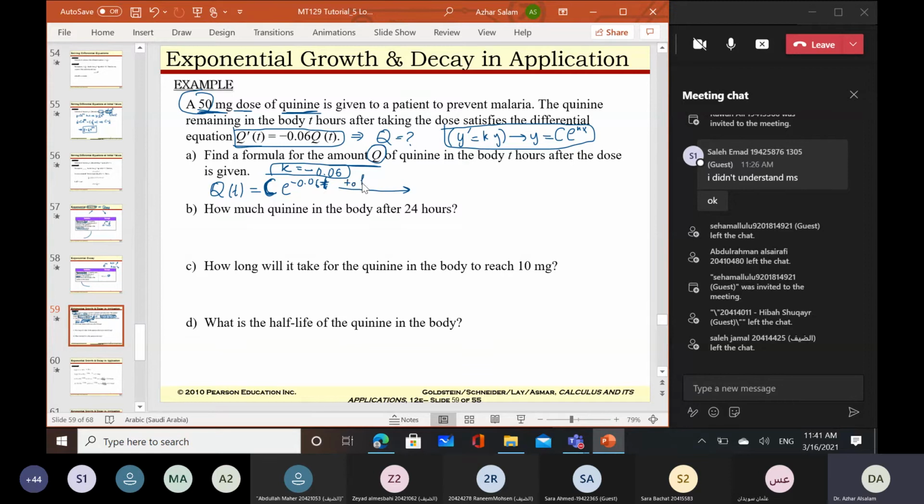To find C, I will substitute Q with 50: 50 equals C times e to the power minus 0.06 multiplied by t. Of course, t here is the very first hour, so t is equal to 0.